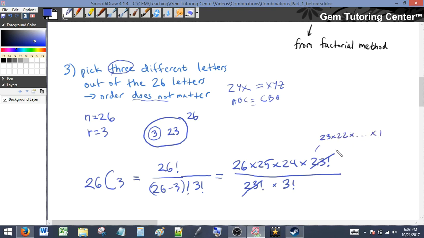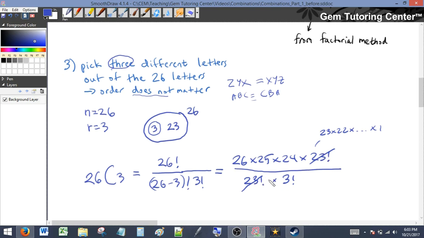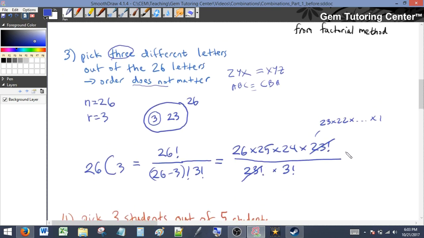I didn't want to write it all out, so I left it as this, because it cancels out nicely with this n minus r factorial. So we're left with 15,600 ways divided by 6. That's equal to 2,600 ways.